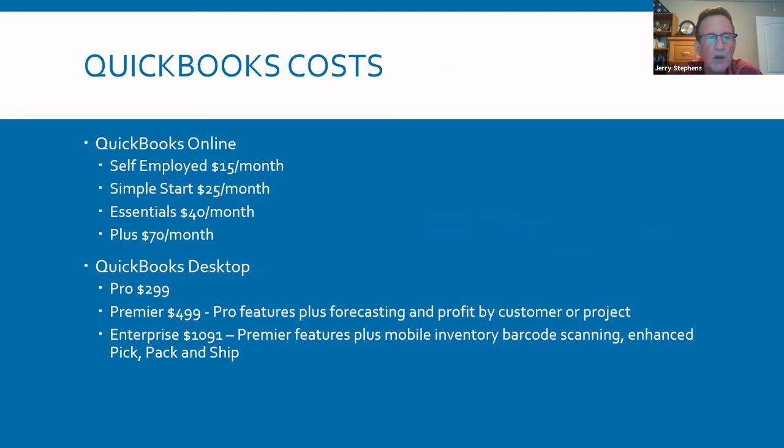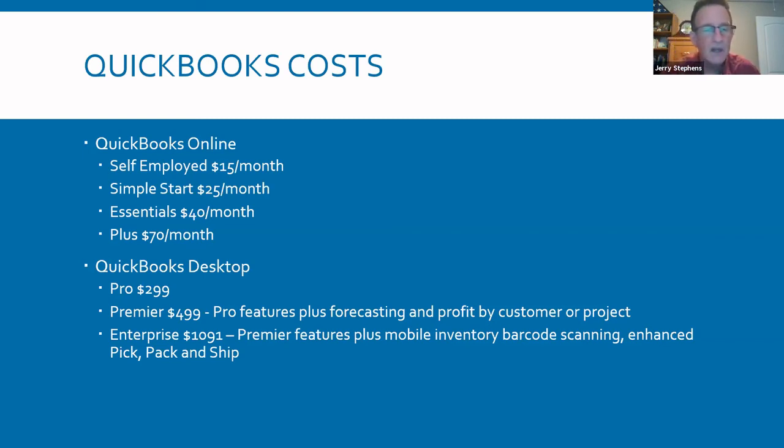In terms of QuickBooks costs, again, the online version is a subscription basis, and there's a self-employed version, Simple Start, Essentials, and Plus. Self-employed is $15 a month, Simple Start's $25, Essentials is $40, and Plus is $70 a month.